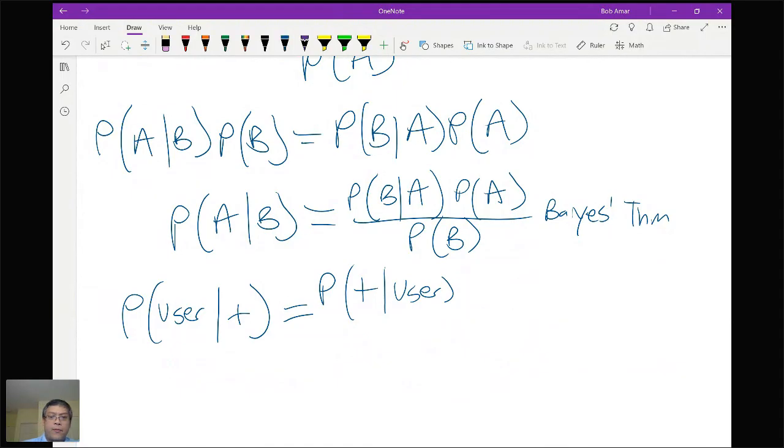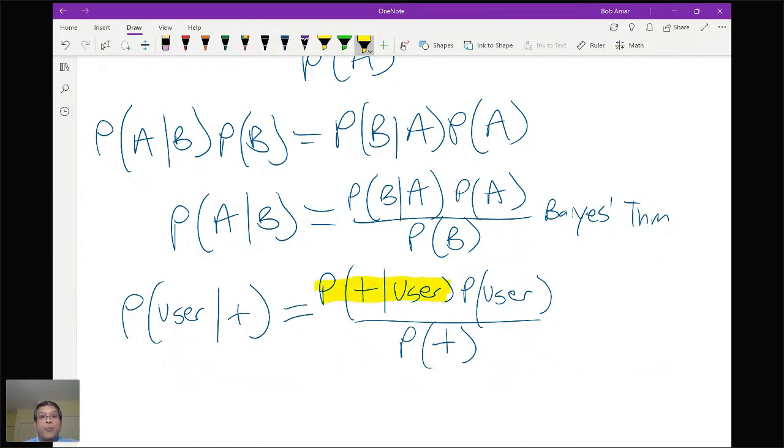You can replace these events like so. Let's say that you happen to know how good your test is. You might know that your test, for someone who is a drug user, is 99% accurate.